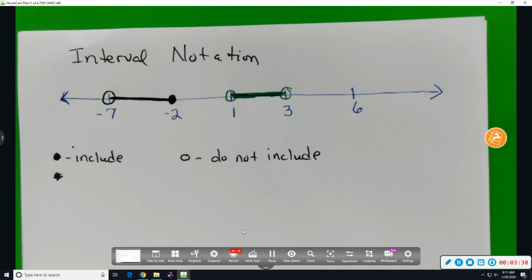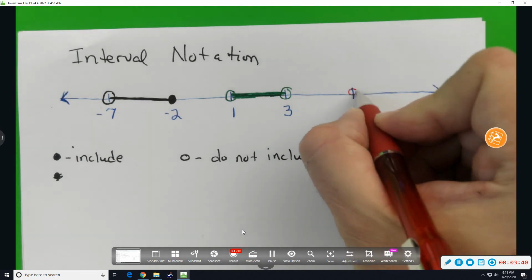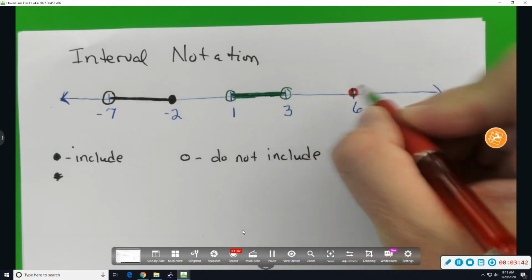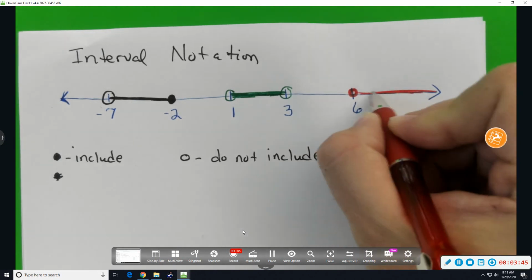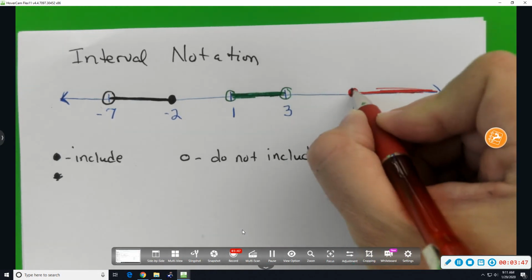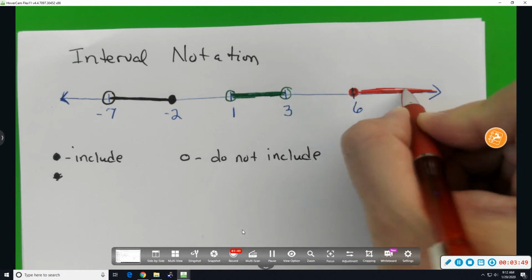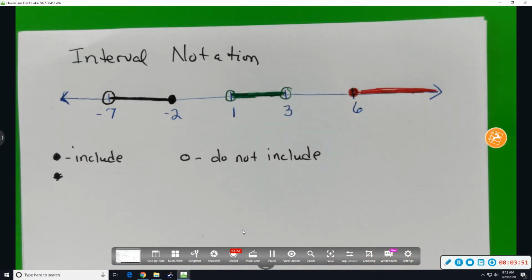And then finally, I'm going to shade these numbers over here red. Everything to the right of 6, every number bigger than 6, I'm shading red, including the number 6.